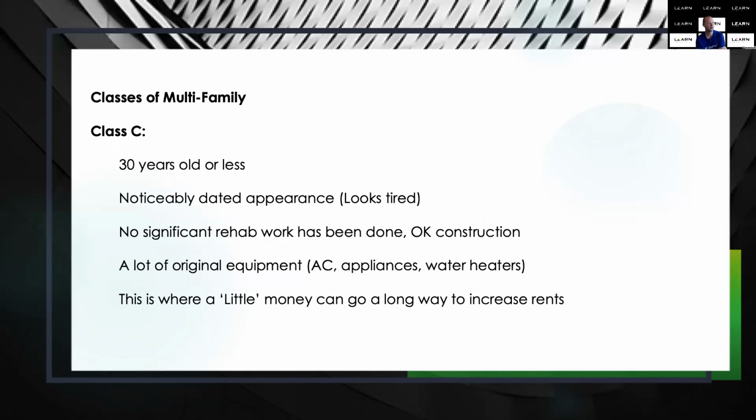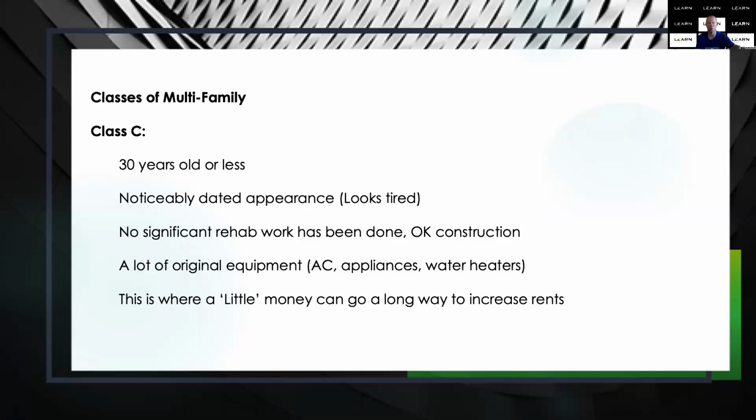Class C is 30 years old or less, noticeably dated in appearance, looks kind of tired. No significant rehab work has been done, okay construction, a lot of original equipment: AC, appliances, water heaters. This is where a little money can go a long way to increase rents. We've all seen them, right?